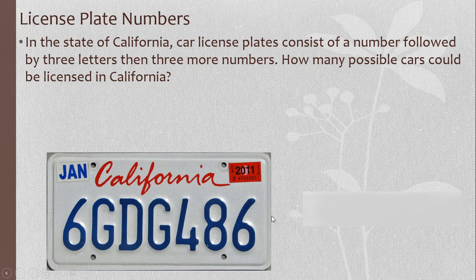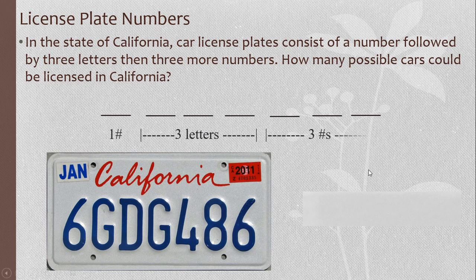All right, in the state of California, car license plates consist of a number followed by 3 letters and then 3 more numbers. How many possible cars could be licensed in California before they have to start repeating? Well, for the first digit, there's 10 possibilities. There's 26 possibilities for each letter. And then there's 10 possibilities for each of the last 3 digits.